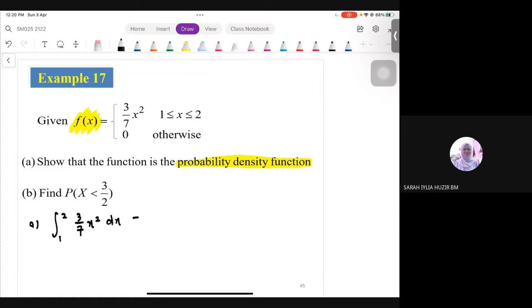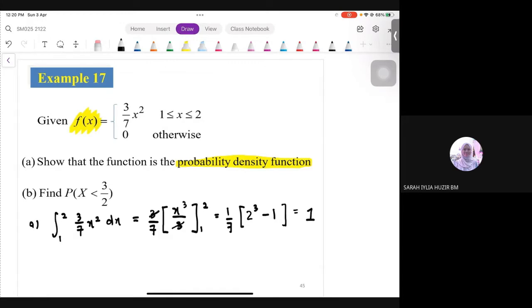So let's check the answer. 3 over 7 is a constant. I can bring it outside. Now we have x cubed over 3 from 1 up to 2. Simplify this up. We get 1 over 7 times with 2 cubed minus 1. So our answer is 1.